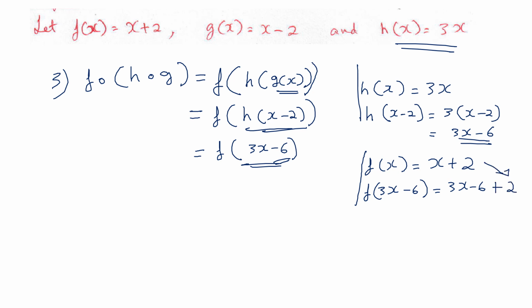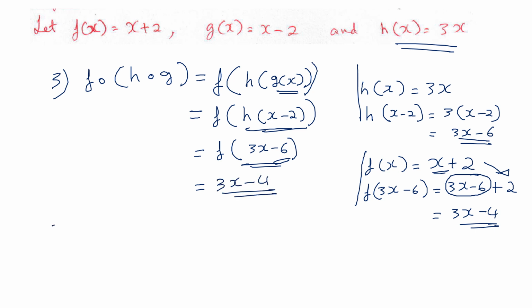Okay, I hope you understood. See, this is this 2. This x means this entire term. Okay. So now what are we getting here? This is 3x minus 6 plus 2. So minus 4. You substitute this here. So we are getting this as 3x minus 4. So over.